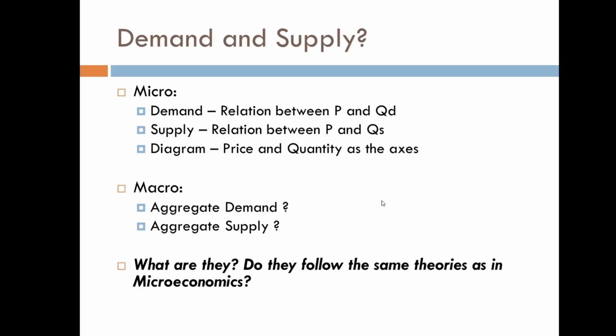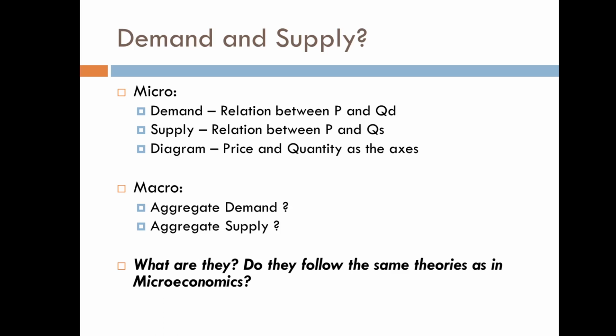Like an average price. Price level. Yes, Andrew. So price level. It makes sense if you think about this. So that's why your y-axis is going to be price level in macroeconomics.